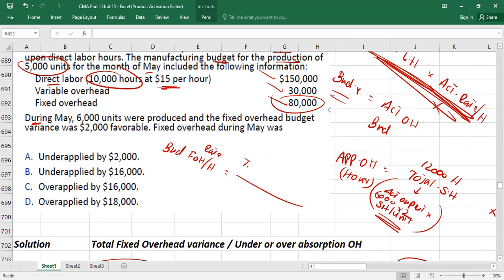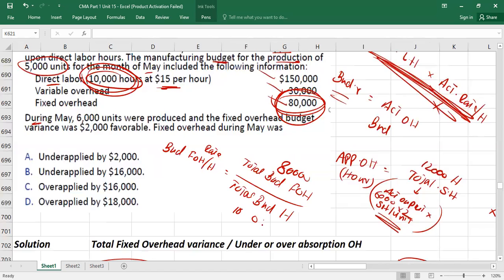I need total budgeted fixed overhead divided by total budgeted hours. Total budgeted fixed overhead is 80,000, and budgeted hours are 10,000, given. So the budgeted rate per hour is $80,000 divided by 10,000 hours, which is $8 per hour, right?